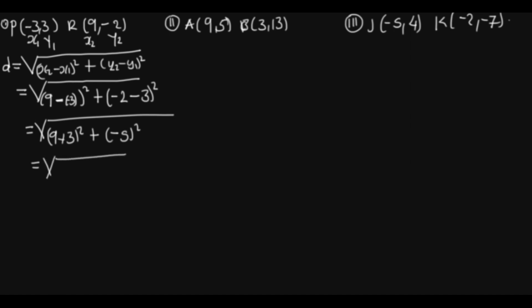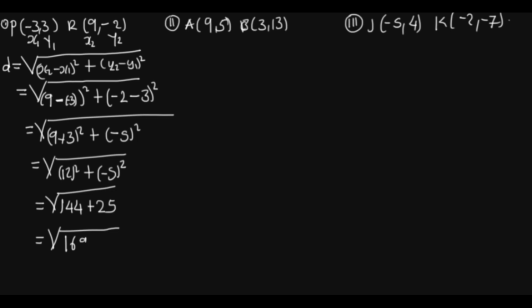Then 9 plus 3 is 12 squared plus -5 squared. So we can now expand. 12 times 12 is 144 plus -5 times -5 is +25. 25 plus 144 is 169.